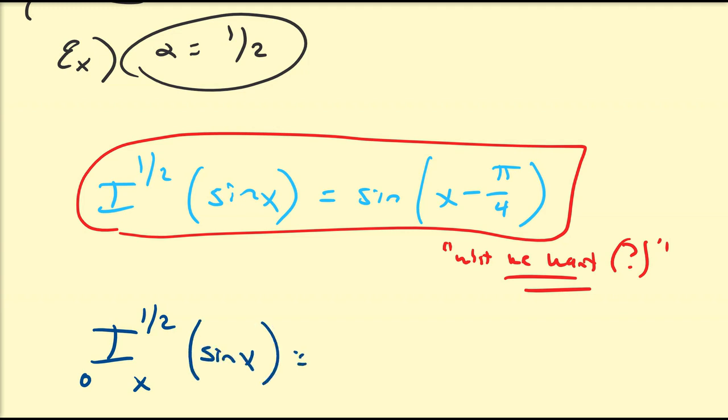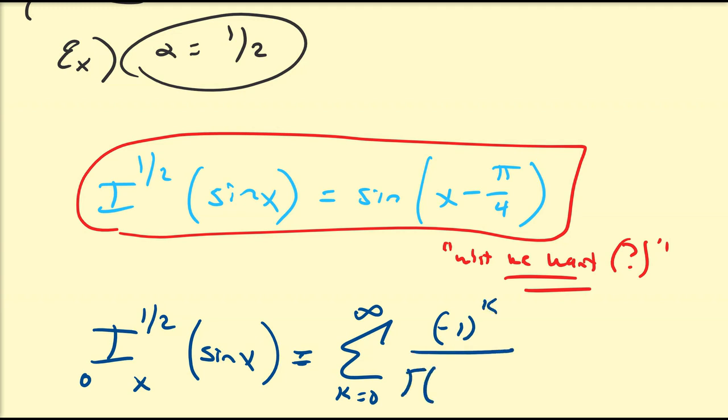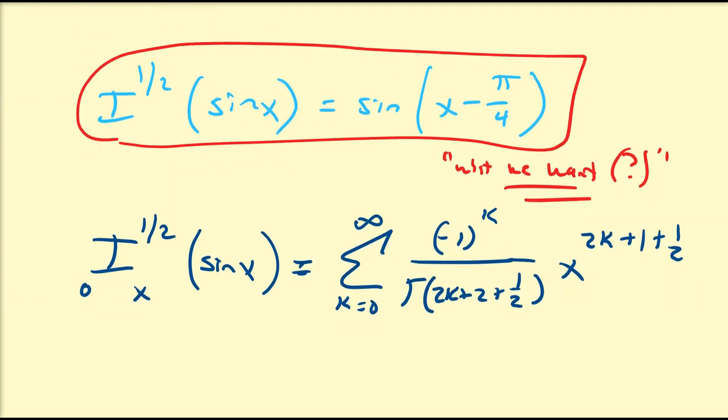Via this relationship, we proved that this is just going to be equal to the sum from k equals 0 to infinity of (-1)^k over gamma of 2k plus 2 plus 1/2. Now that's no longer a natural number, times x to the power of 2k plus 1 plus 1/2, right?